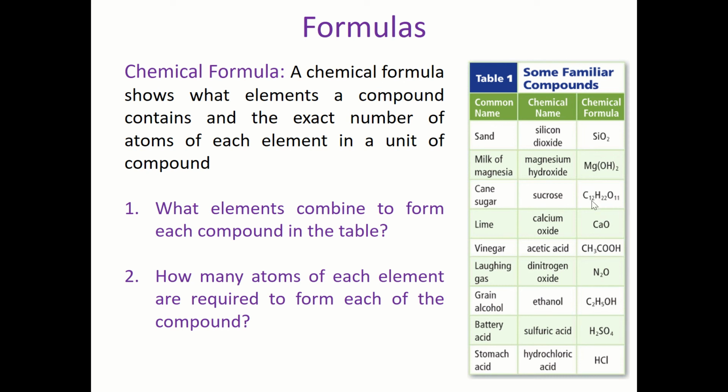Now, of course, if I ask you how many carbon atoms are there in the cane sugar, it would be 12, how many hydrogen atoms, 22, how many oxygen, 11. Same thing with the sand or silicon dioxide: I have one Si and two O, and so on, right?